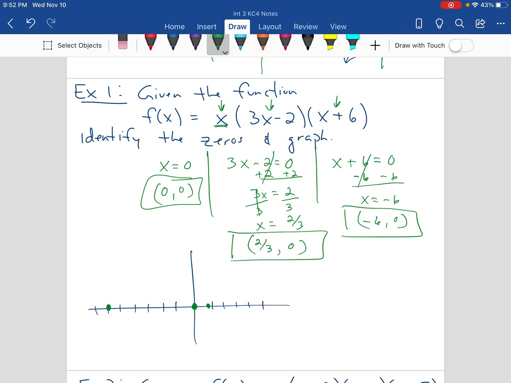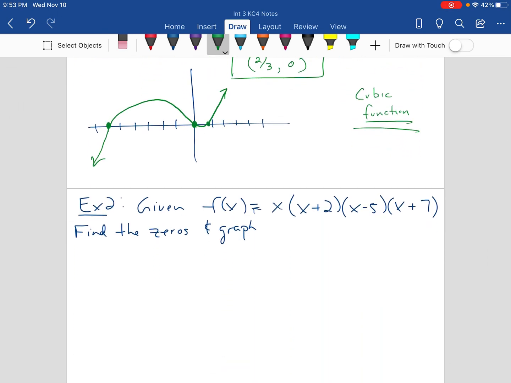Okay, now because it has 3 zeros, I have 3 x's. That means that this is a cubic function. Okay, so you guys should know that a cubic function looks like this. So that is my final answer, since it is positive, again, because my leading coefficient is positive. So you are not going in the other direction.